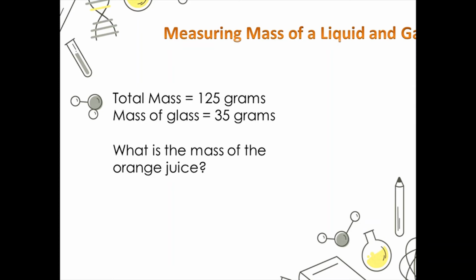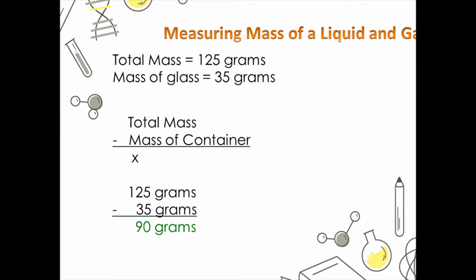So now what you're going to do to get the mass of your orange juice? Now all you have to do is subtract 125 grams and 35 grams. So the answer is 90 grams. So that 90 grams is the mass of the orange juice itself. Get it now?